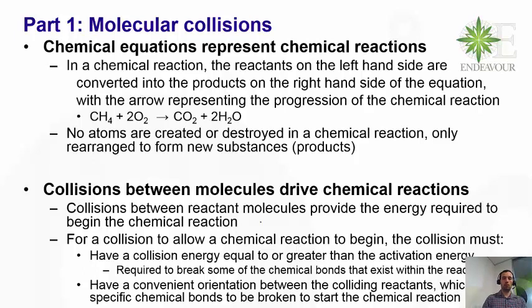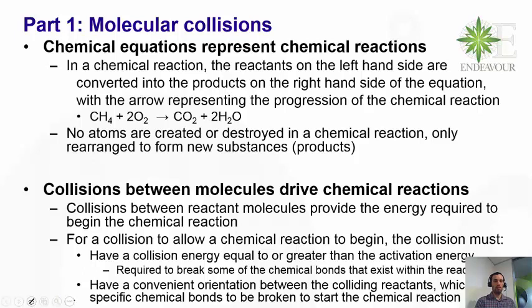So for a collision to actually result in a chemical reaction, it had to satisfy 2 things. Firstly, the collision had to have enough energy to meet the activation energy of the reaction. So the reactants had to collide with enough energy to meet that activation energy and allow some of the existing chemical bonds to be broken. So that's what happens at the beginning of every chemical reaction.